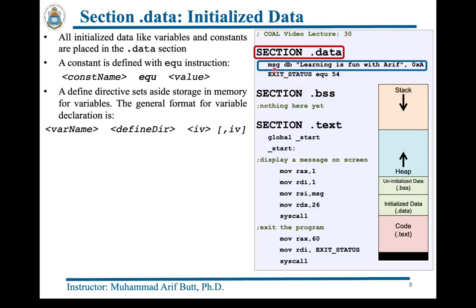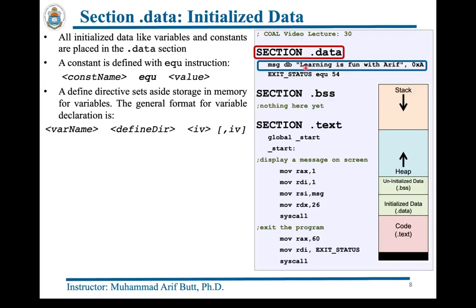For example, the msg over here is the name of the variable. This db is the NASM directive define byte, and this string "learning is fun with Arif" are the bytes of data that we are defining. Remember, each character in this string is a single byte.